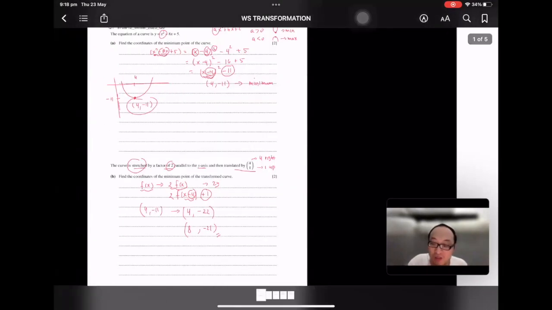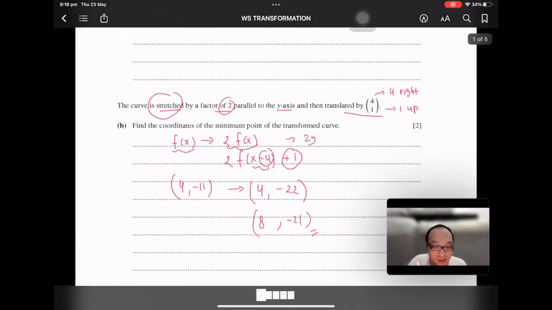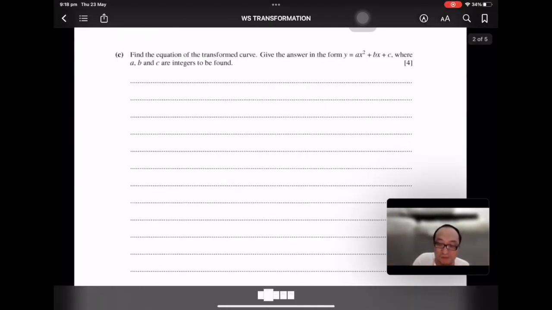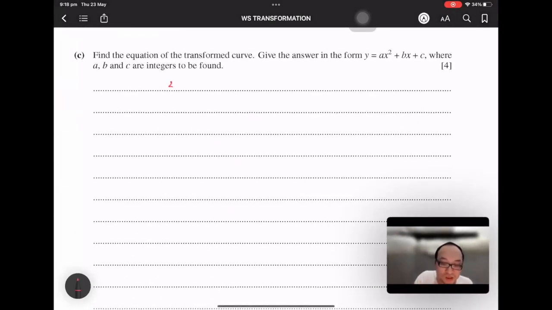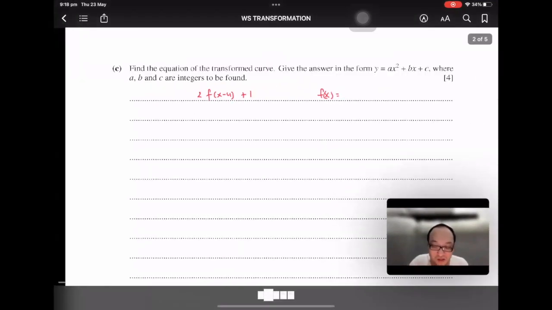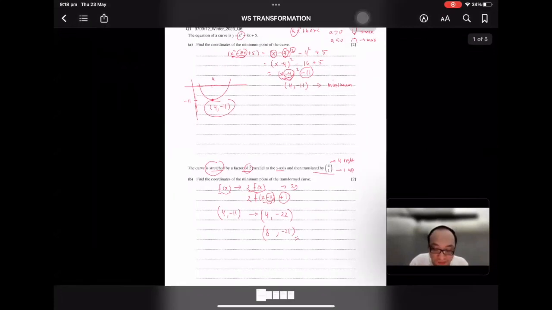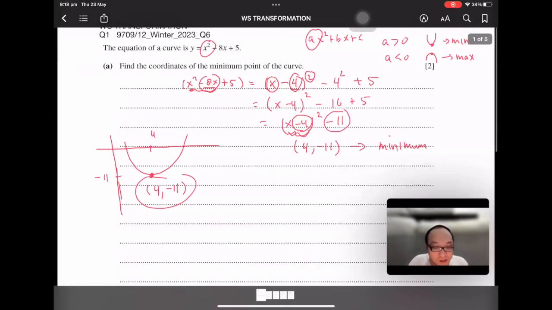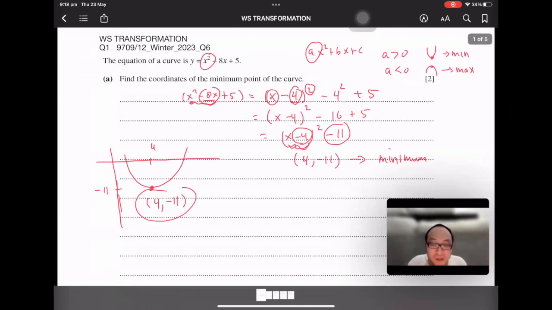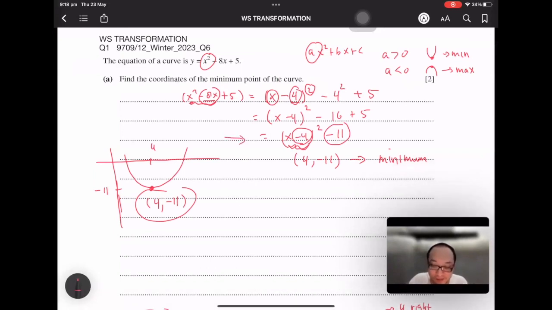Now we have to express this notation 2f(x minus 4) plus 1, while f(x) is equal to x squared minus 8x plus 5, or I can simply use the completed the square form. It seems easier.